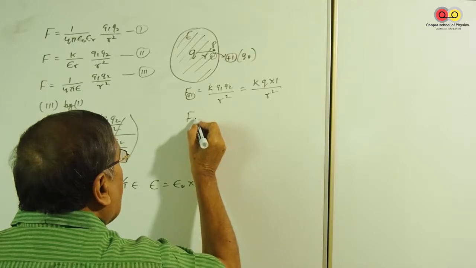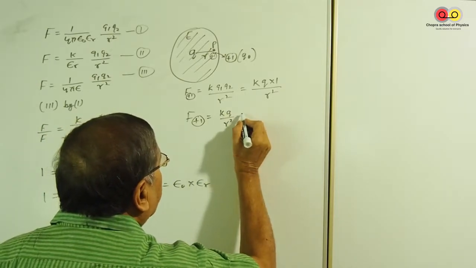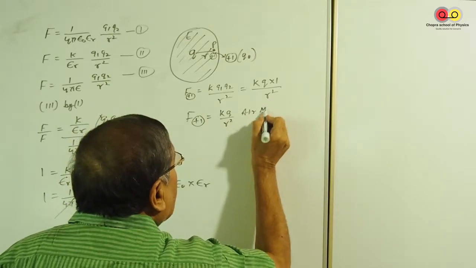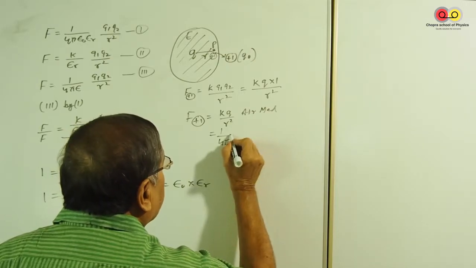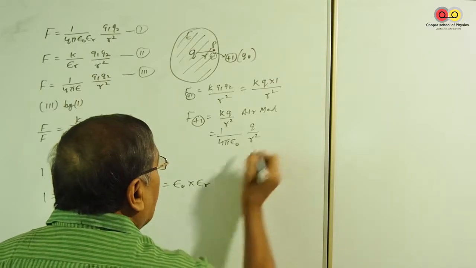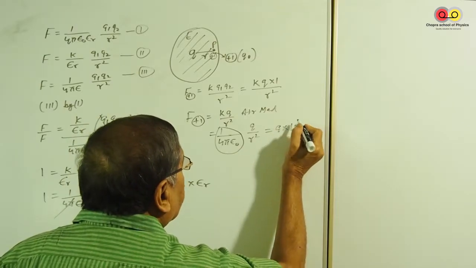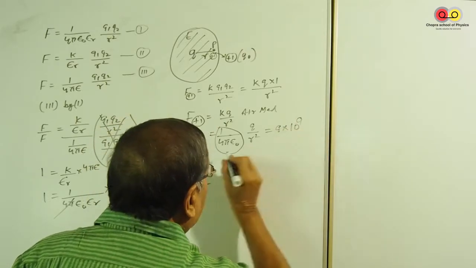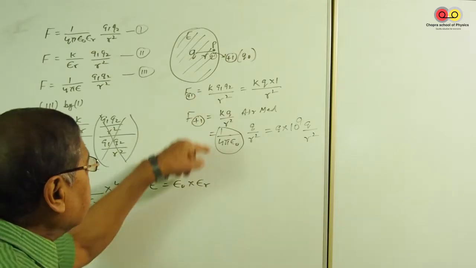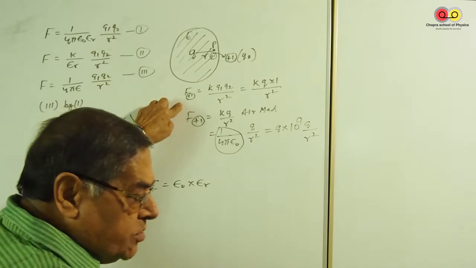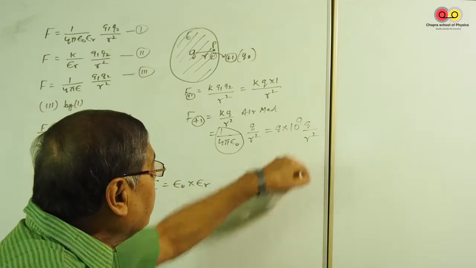So the force experienced by unit positive charge equals KQ by R square for air medium, or 1 over 4 pi epsilon naught Q over R square, or 9 into 10 to the power 9 Q divided by R square.